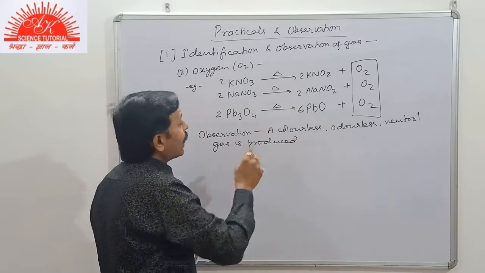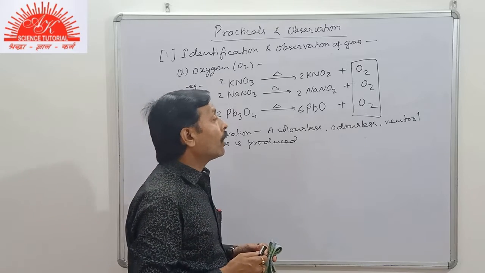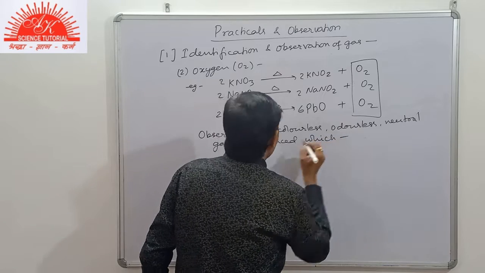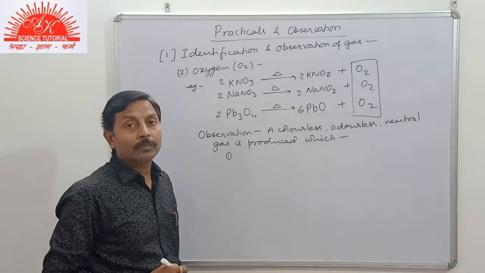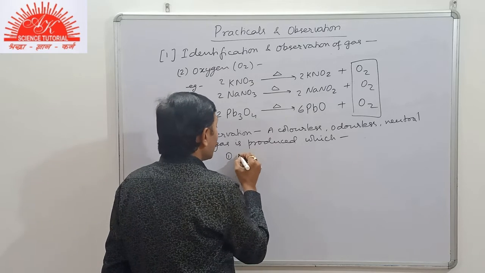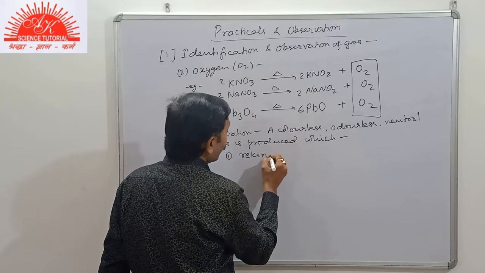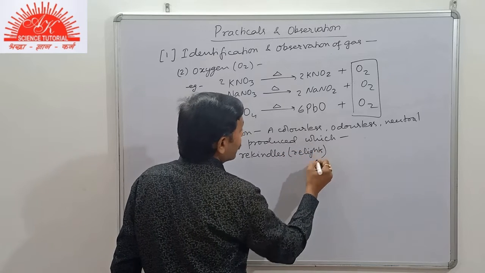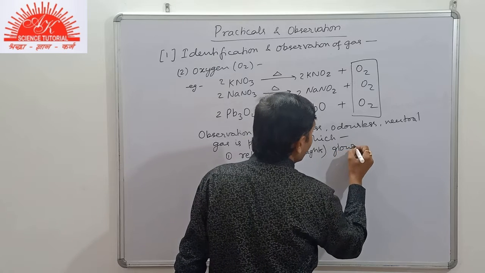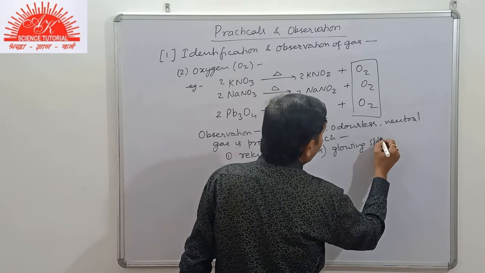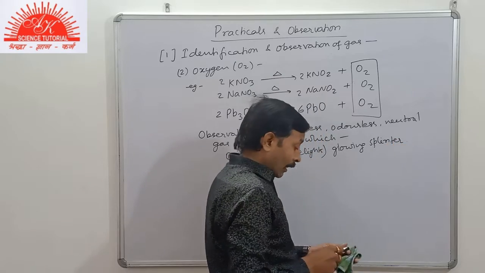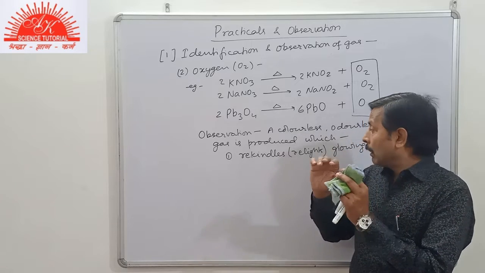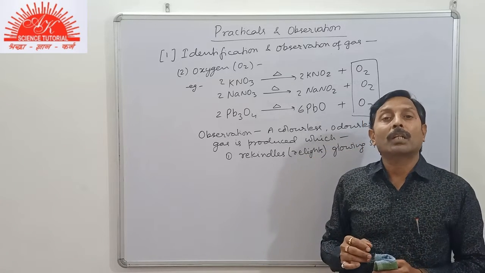But here we just write produced. A colorless, odorless, neutral gas is produced, which has two tests. One which rekindles, or sometimes we also write relights, a glowing splinter. Now oxygen gas is itself non-combustible, but it is a supporter of combustion.